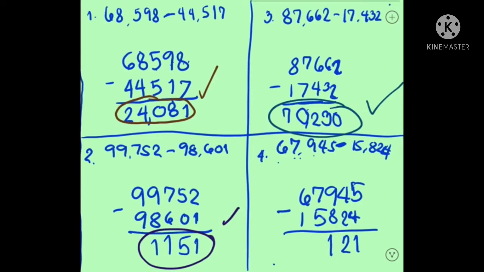Correct. 7 minus 5 is 2. 6 minus 1 is 5. Okay, then let's put the comma here. And then these are some more examples about subtraction of numbers without regrouping.